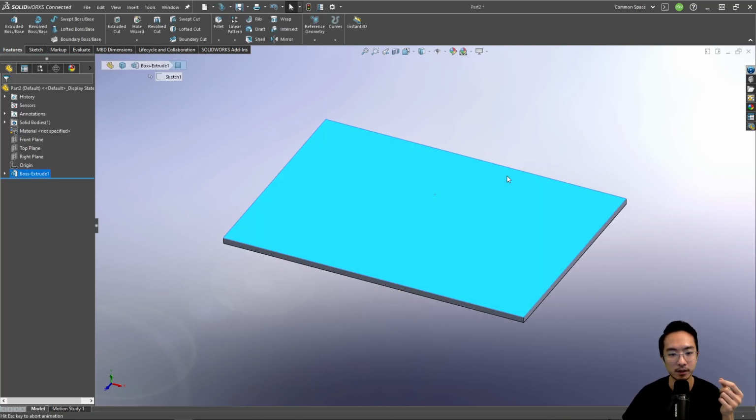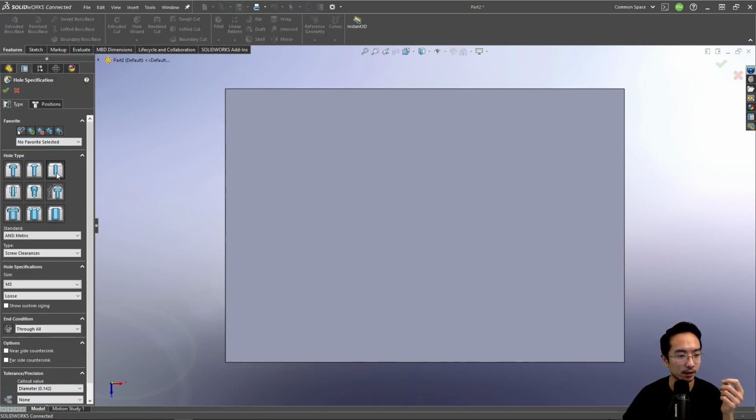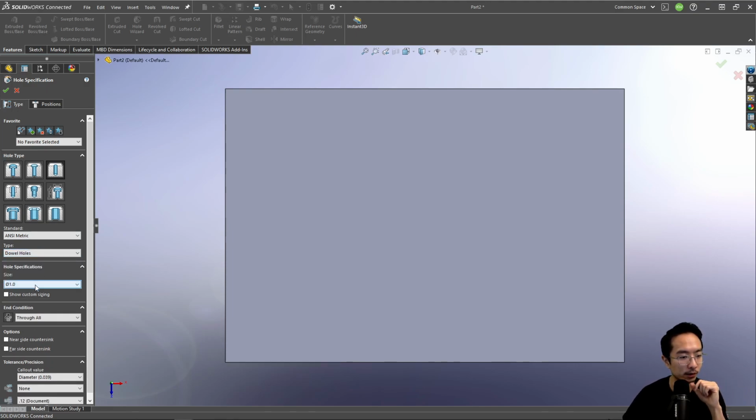But if I come here and go to Hole Wizard, you can see that I could go ahead and make a hole here. There are different types. I could do a dowel hole, and I want it to be inches.